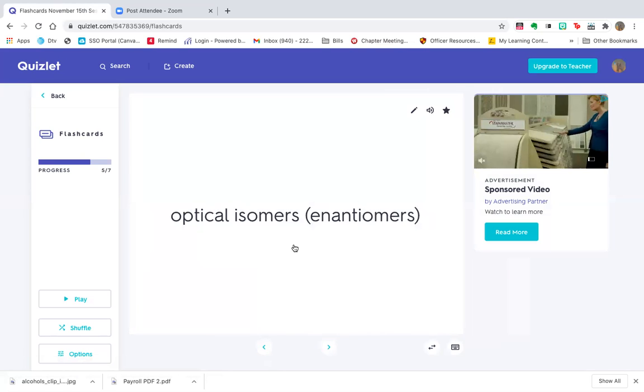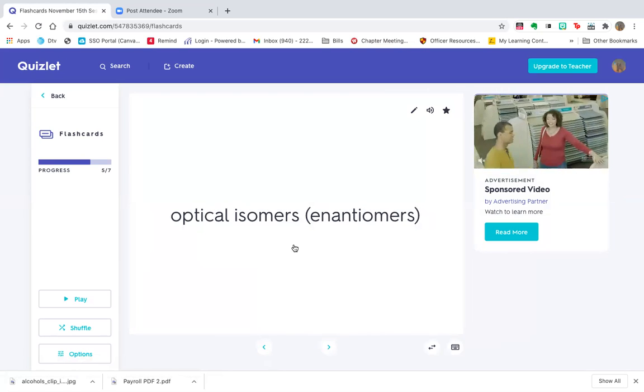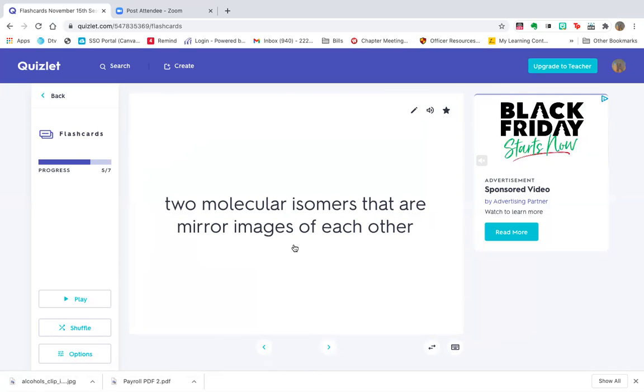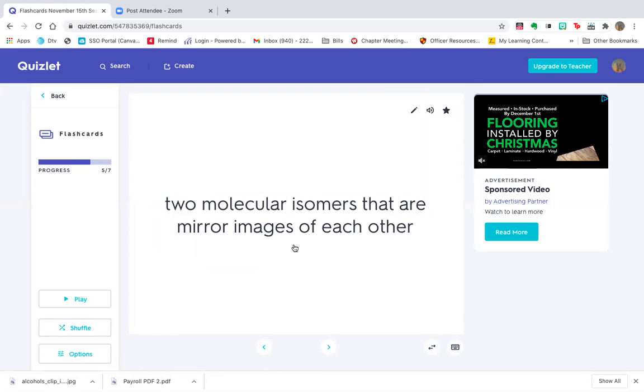And then you have your optical isomers. She talked about that for just a second. Isn't that the mirrored image ones? Yep. So it's any 2 molecular isomers that are mirror images of each other. There's a lot more detail that I remember she went over, but in the lecture, she didn't really talk about them that much.